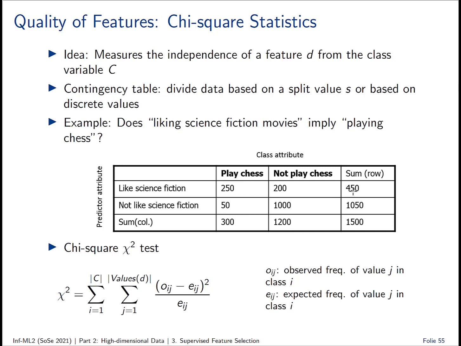We just have to look at how many of the observations like science fiction. 1 out of 5 of those 450 that like science fiction are expected to play chess, and 4 of 5 of them are expected to not play chess. And the same holds true for the 1,050 observations that do not like science fiction.